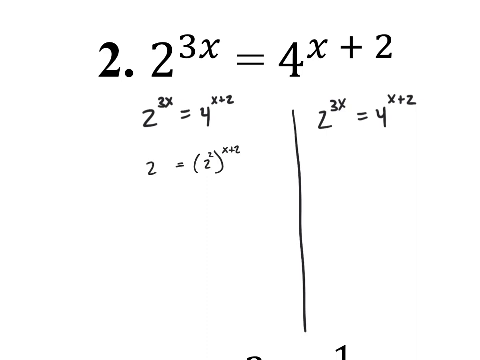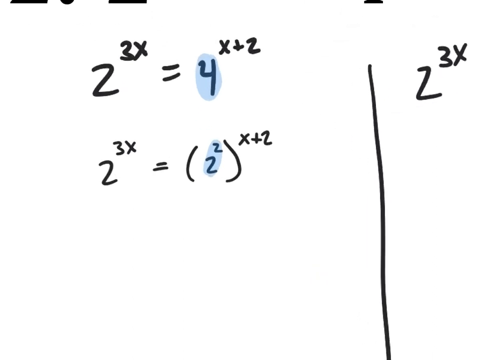To where I could call 4 2 squared. Right, so right here, 4 is the same thing as 2 squared. Now, when I do that, I have the same base, because it's 2 and 2, so now I can set my exponents equal.